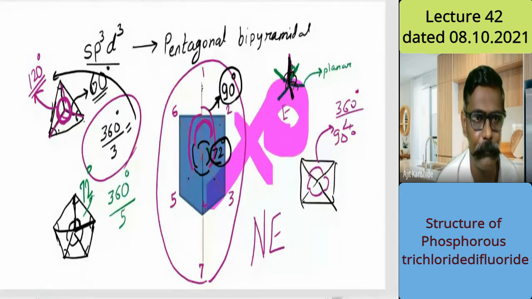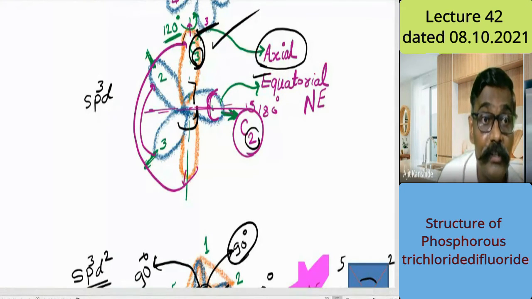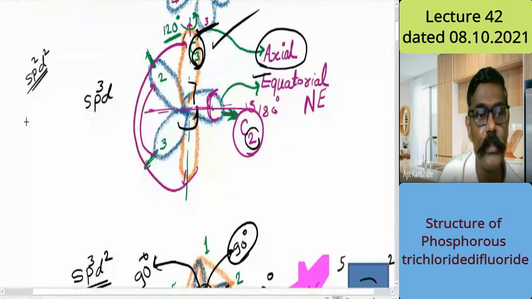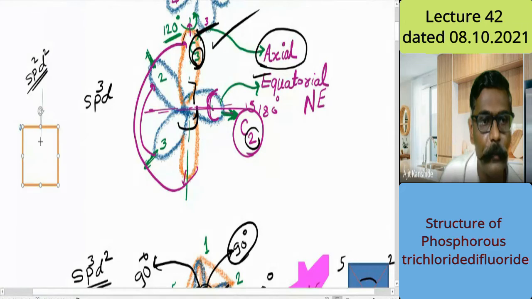Similarly, last time when I discussed 5 coordinated, that was one interesting hybridization, sp2d2. How was the arrangement? The arrangement was square pyramidal. I need to consider one square and only one bond from upside down.